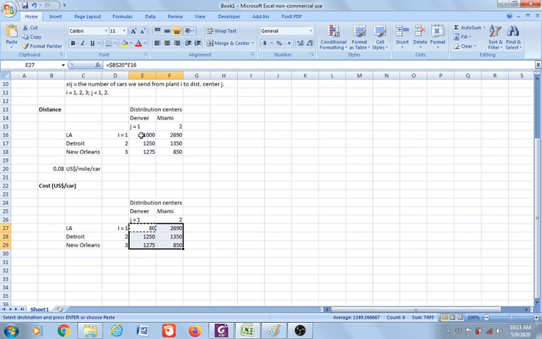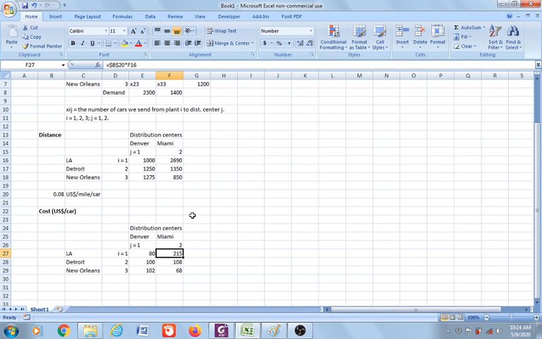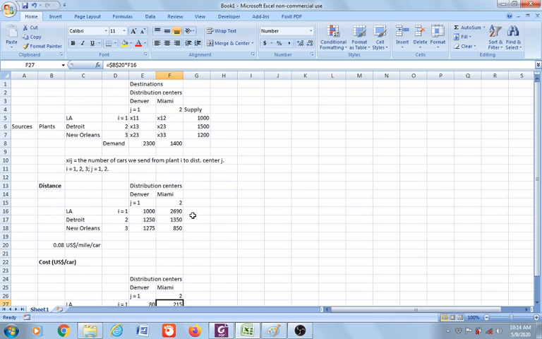Okay, so those are the costs of sending a car from each source to each destination. So I'm just gonna round them into no decimal place. Okay, now I think we are ready to model the problem into a linear programming model.